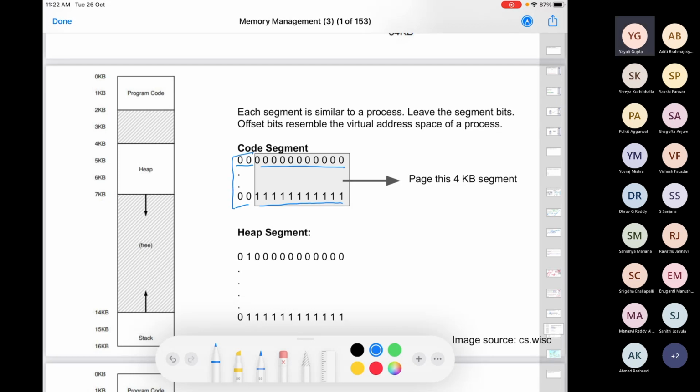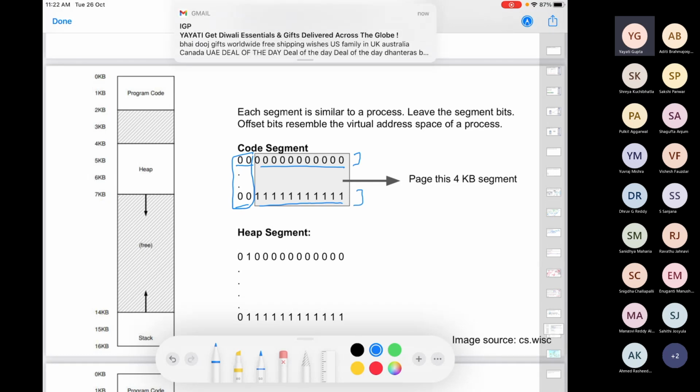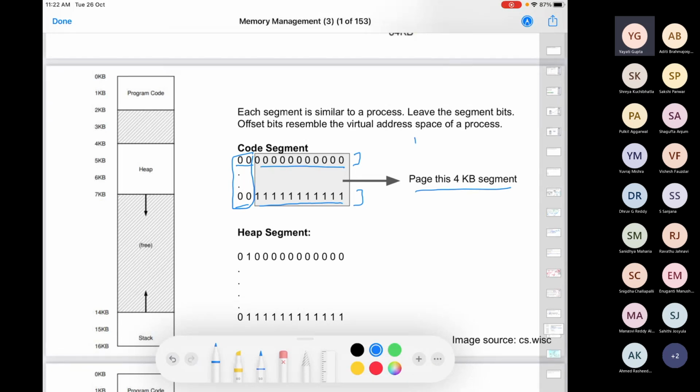This code segment starts from 00, and these last bits go from 0 to the maximum possible address. If you compute this, you can figure out that this is actually a 4 KB segment. With the help of these 12 bits, you can address 4 KB of locations. So you have a code segment which is 4 KB.